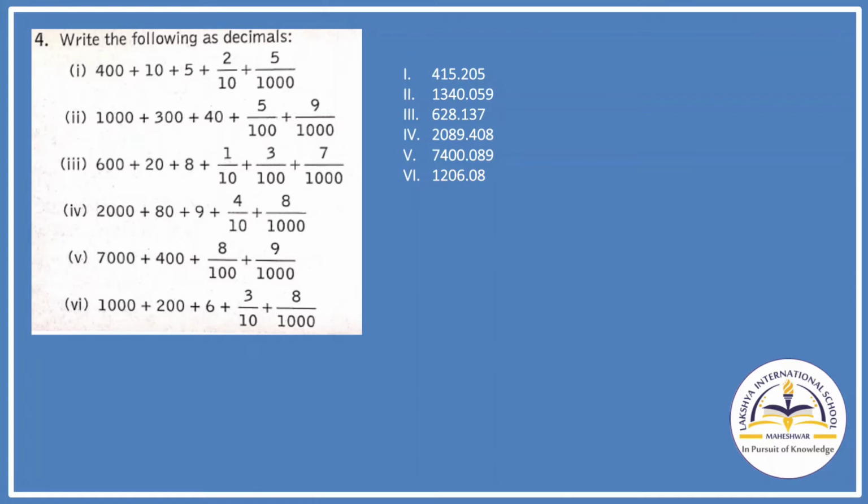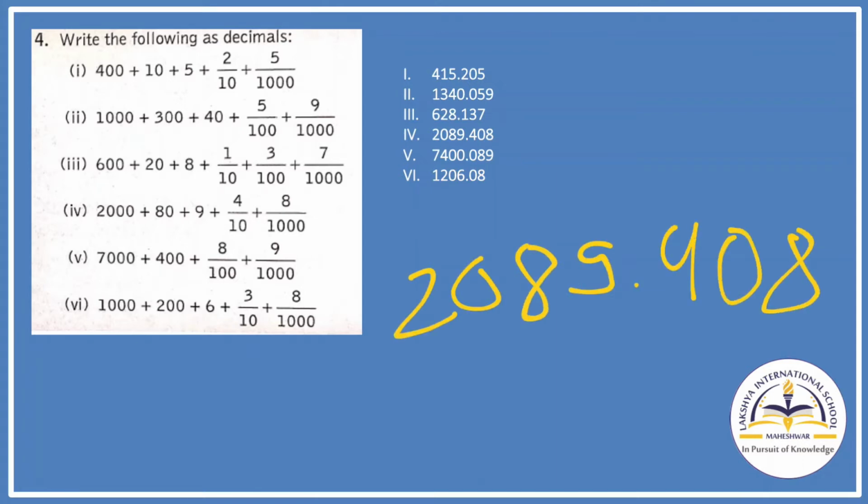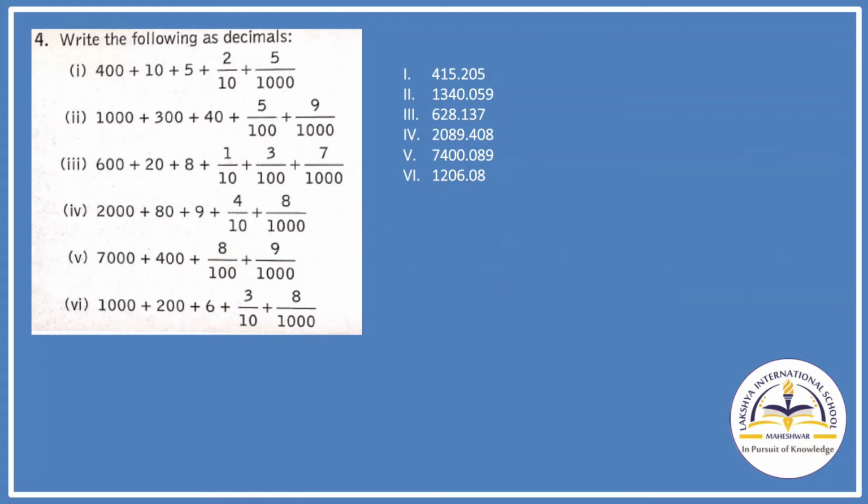Now next one, 628 decimal 137. Now 2089.408, at denominator there is 1000 and 4 is at tenth. At hundredth there is no number, means there will be 0.